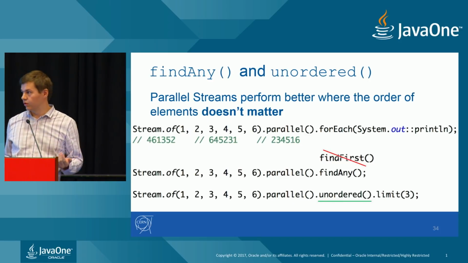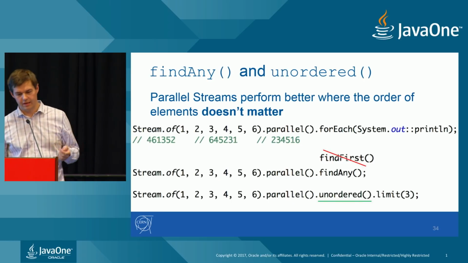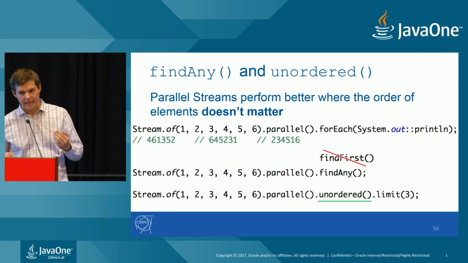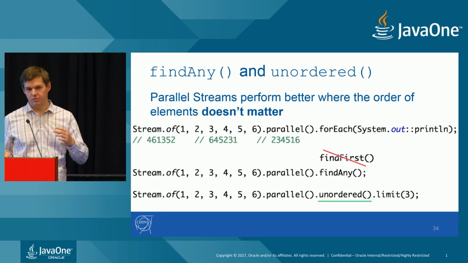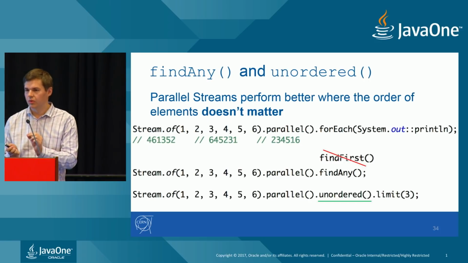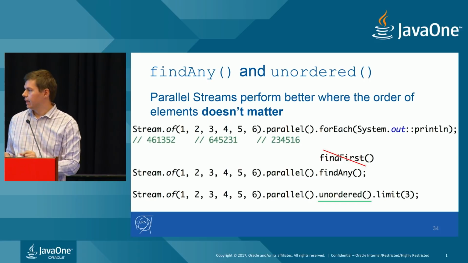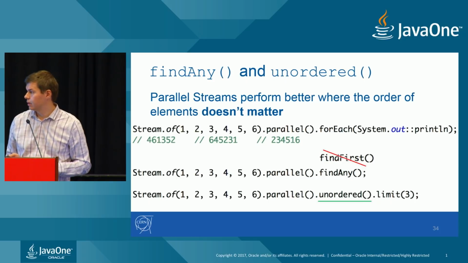However, again, this is an overhead, because the natural order of the stream's first 3 elements might be like 4, 6, 1, 4, 5, and so on. So whenever you do limit on a parallel stream, think that maybe you don't really need the first element, so give it a hint that this is unordered. I don't care about the order, just give me any element.